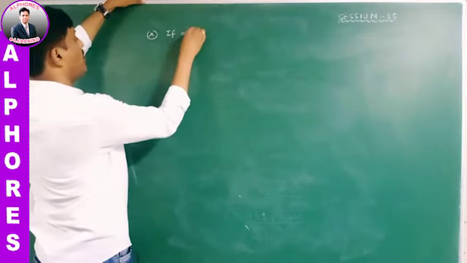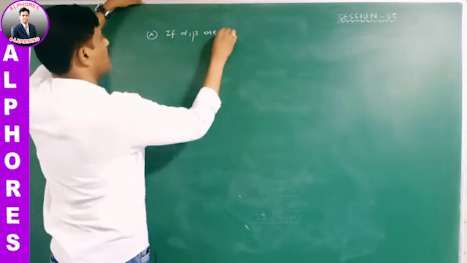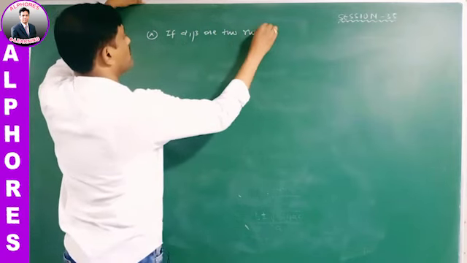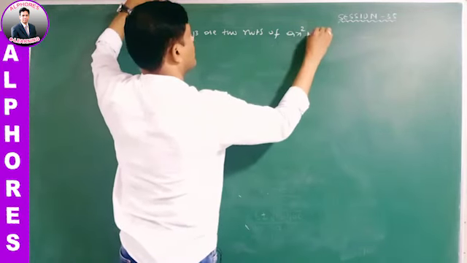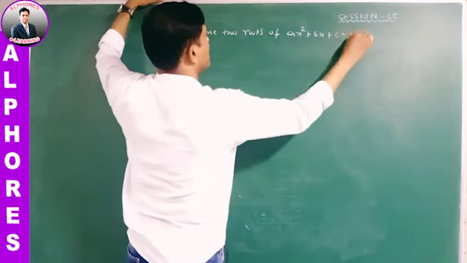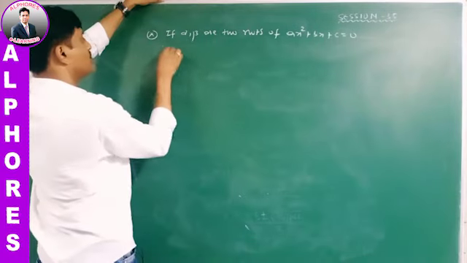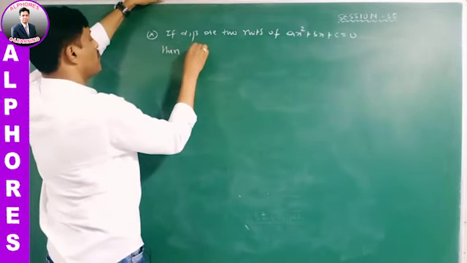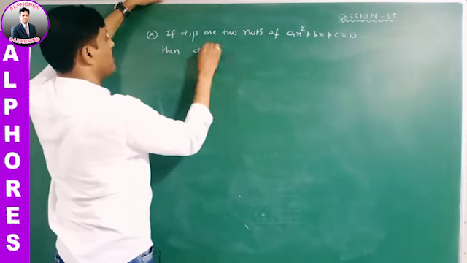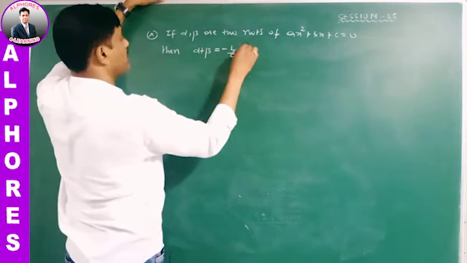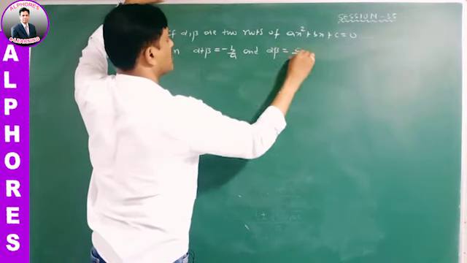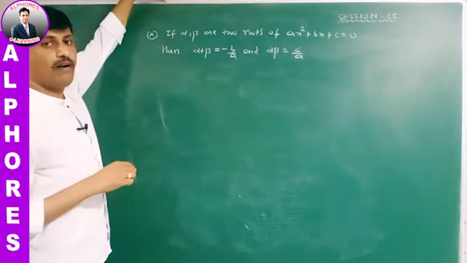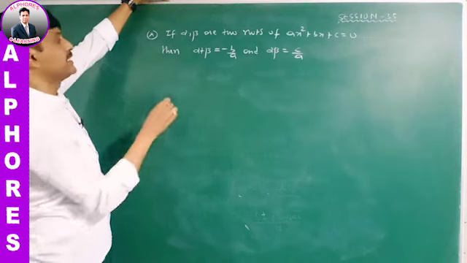If alpha and beta are the 2 roots of ax² + bx + c = 0, then the sum of the roots, alpha + beta, is equal to −b/a, and the product of the roots, alpha beta, is equal to c/a.